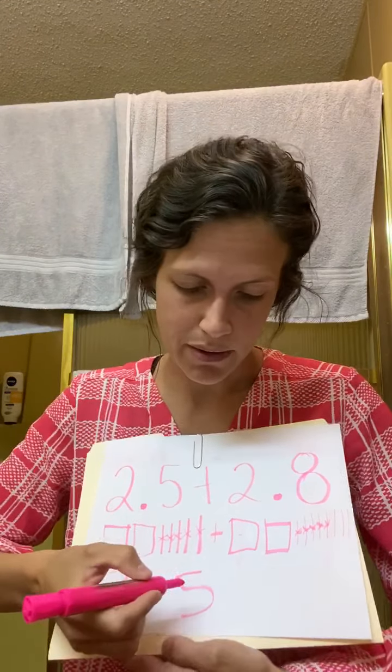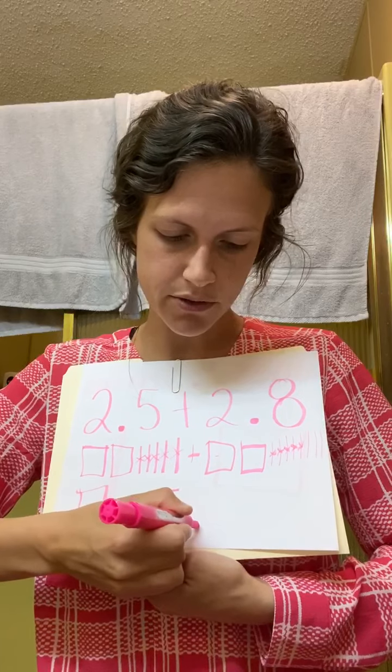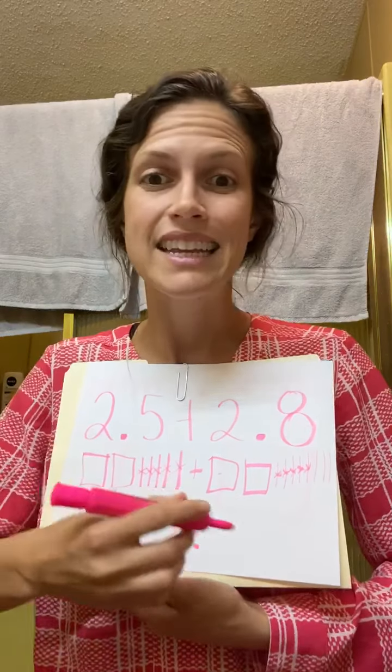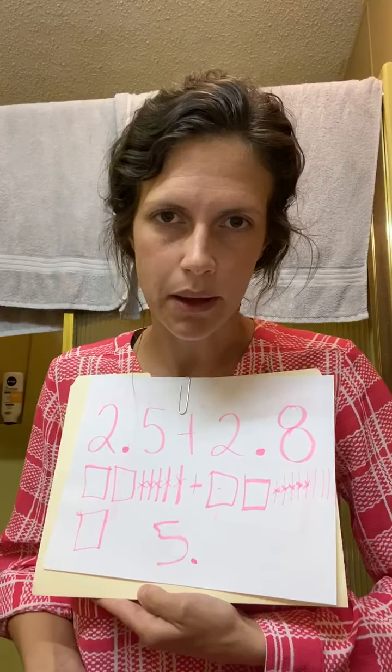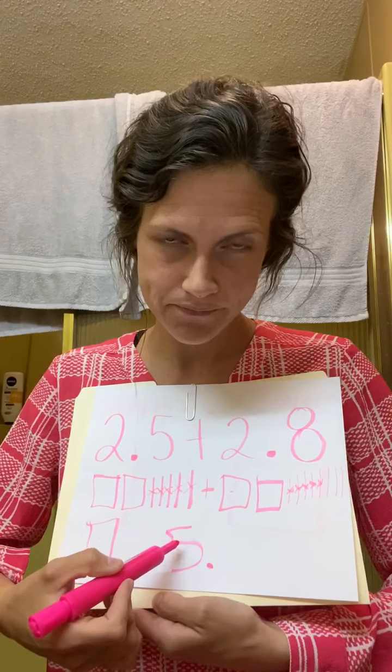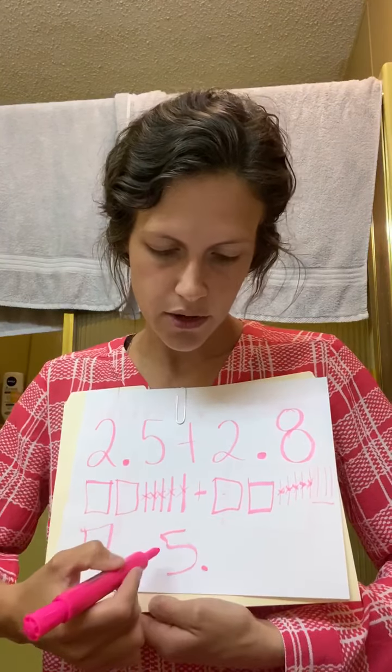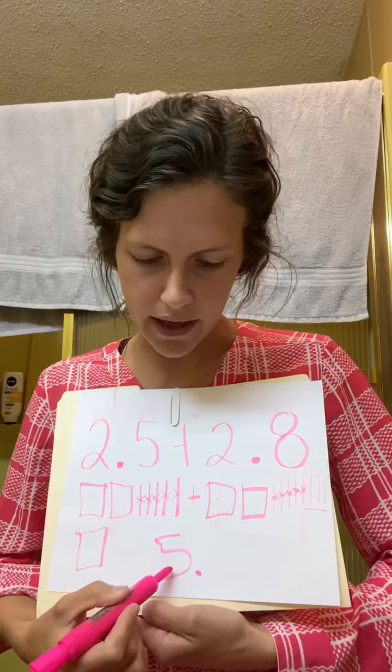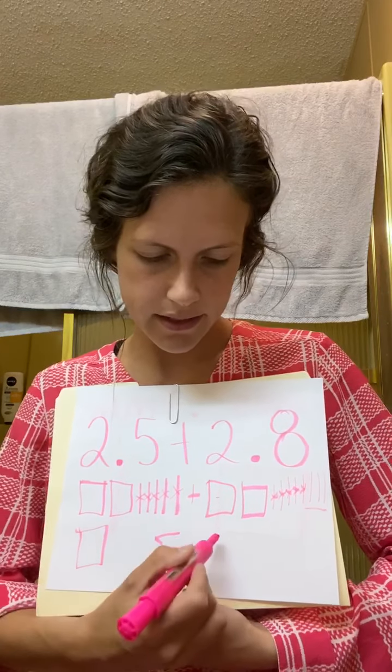So this isn't enough. So remember, our decimal comes between our whole numbers and any parts that are smaller than a whole number. So we have 5 and we've got 3 tenths left. So it will look like this, 5.3 or 5 3/10. Very good job.